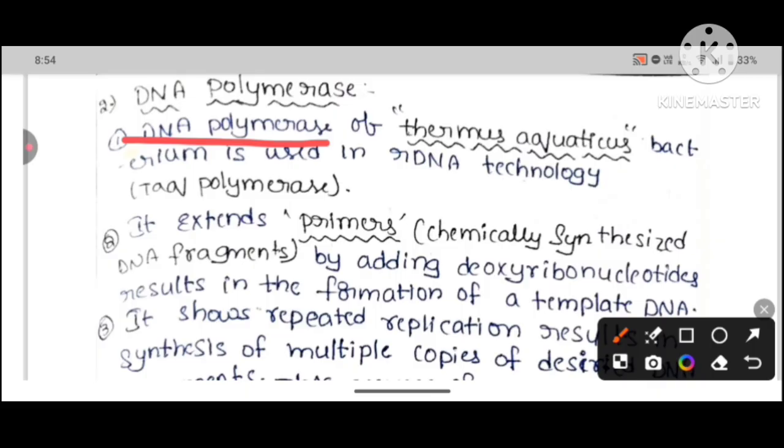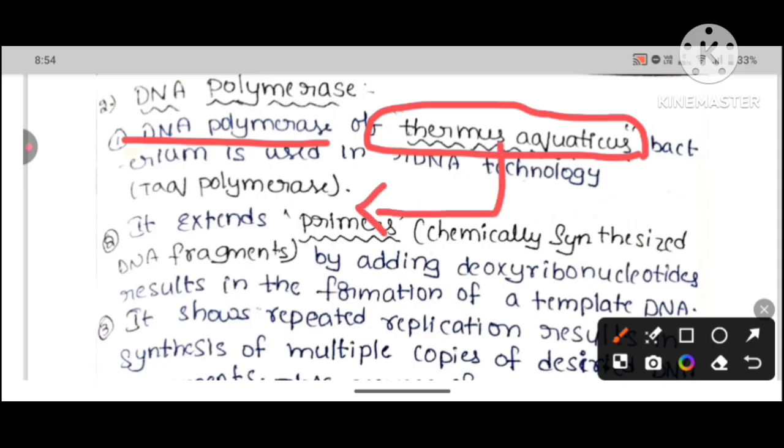So the DNA polymerase of the bacterium Thermus aquaticus is used in rDNA technology, and it is the Taq polymerase. Taq stands for Thermus aquaticus. The speciality of Taq polymerase is that it can withstand the highest temperatures during amplification of DNA fragments.